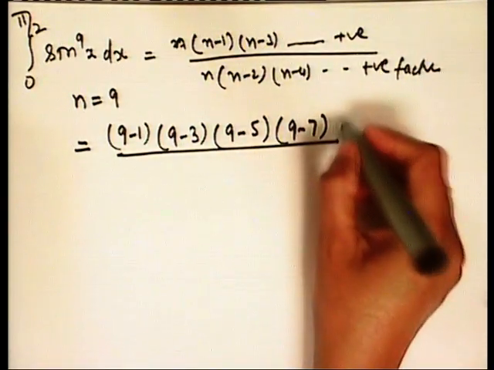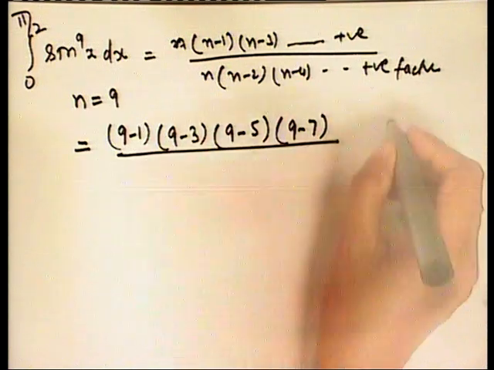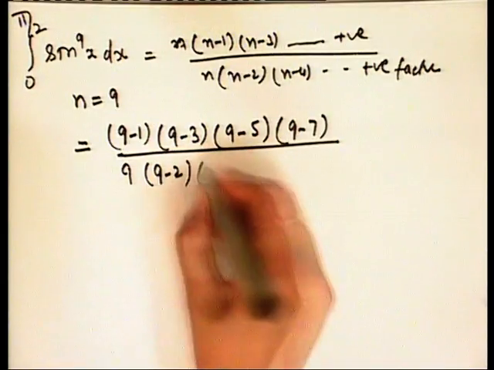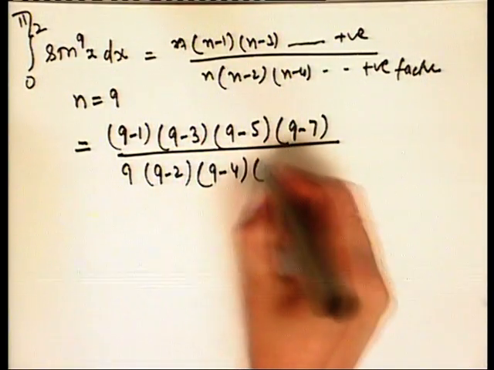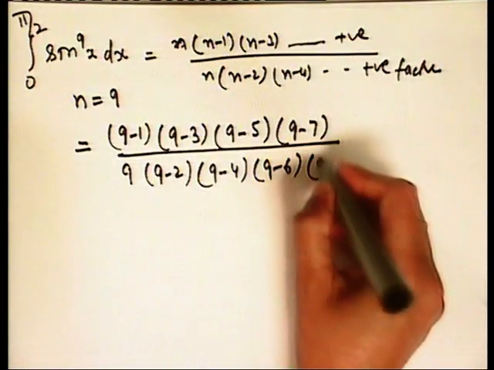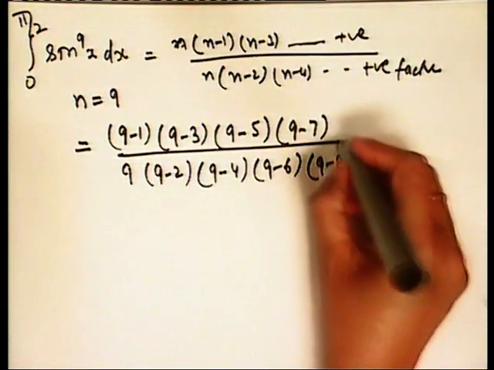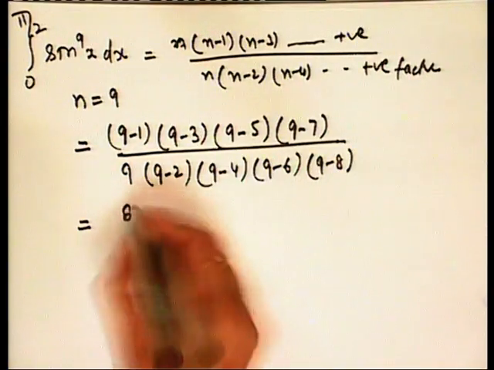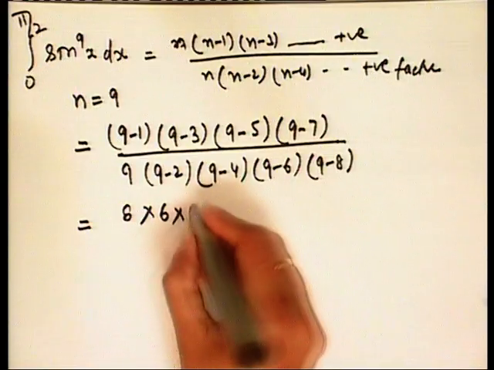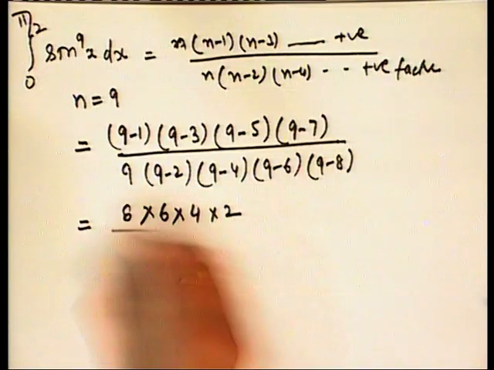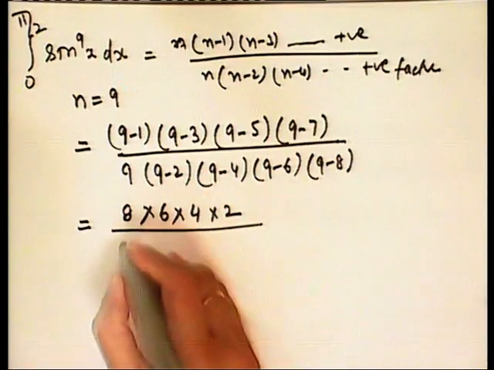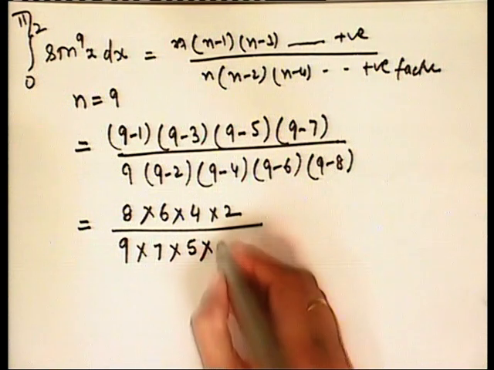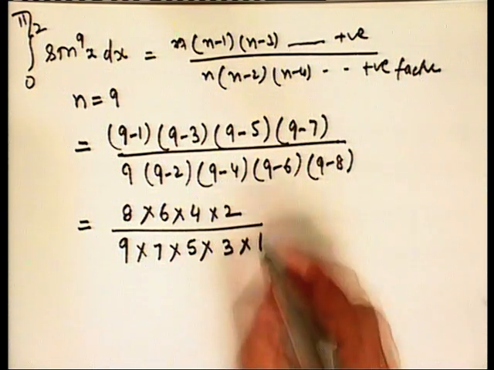We cannot take 9 minus 9 because it becomes 0. In the denominator 9, 9 minus 2, 9 minus 4, 9 minus 6, 9 minus 8, and it will become 8, 6, 4, 2 in the numerator, and in the denominator 9, 7, 5, 3 and 1.